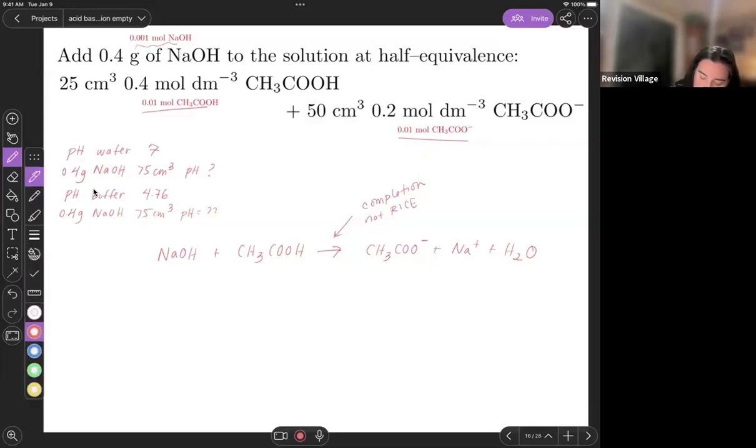And we have the moles. We worked them all out already. We have 0.001 moles of NaOH. We have 0.01 moles of the acid, and we have 0.01 moles of this base. If this reaction went to completion, we're going to use up all of that base. We're going to use up 0.001 moles of the acid and be left with 0.009 moles of the acid.